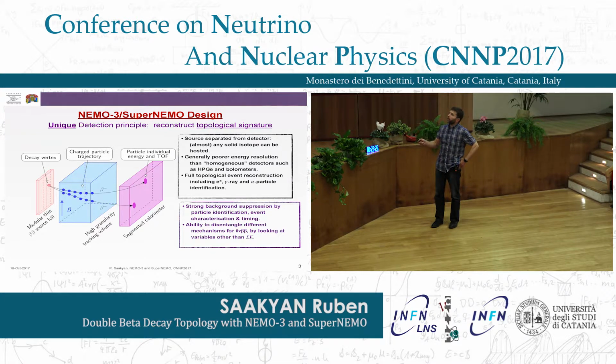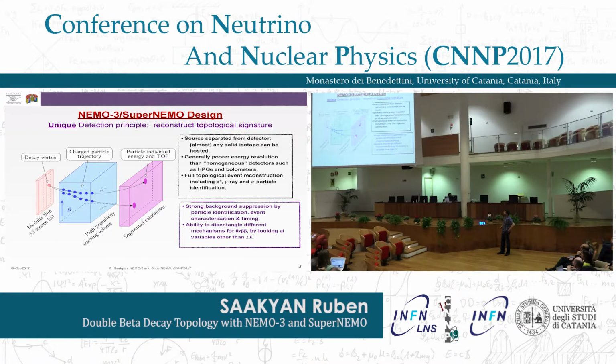So the idea here is actually to detect explicitly these two electrons emitted from the double beta decay isotope using a tracker immersed in a magnetic field, so you can reconstruct electron tracks and then detect two electrons, their time of arrival and the energy with the segmented calorimeter based on plastic scintillator.